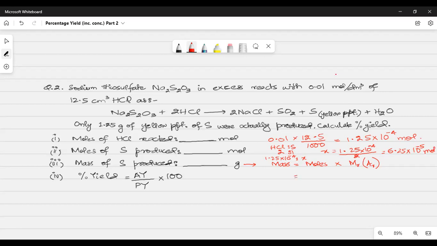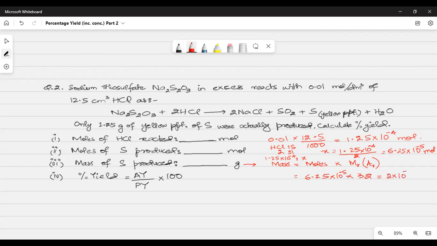So I guess you use this answer, 6.25 into 10 raised to power -5, and you multiplied it with the Ar of sulfur, that is 32. So the answer came out to be 2 multiplied by 10 to the power of -3.